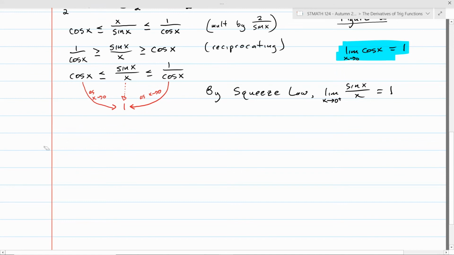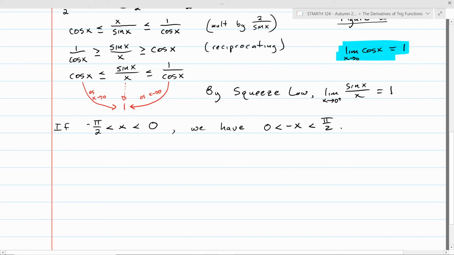So my next little trick to get the two-sided limit would just be to point out that if you look at the left-hand side of 0, for x's on the left-hand side of 0, let's look at those x's between negative pi over 2 and 0. So negative values of x. For those values of x, if I negated the whole thing, I would have 0 is less than negative x is less than positive pi over 2.